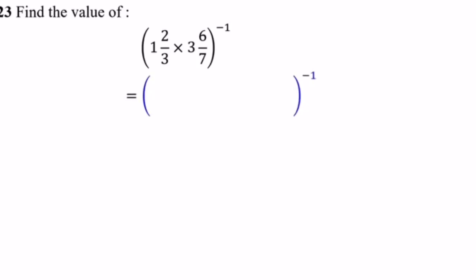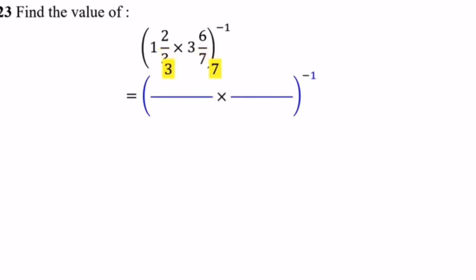So basically when you see power negative 1, you just leave it first, and then you take the fraction. You have to simplify the fraction first. We have two fractions inside, right? So let's simplify the fraction first. Normally when you simplify the mixed fraction, there are two fractions multiplied by each other, right?